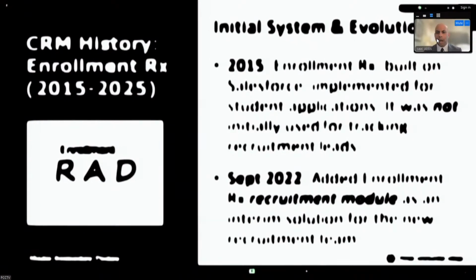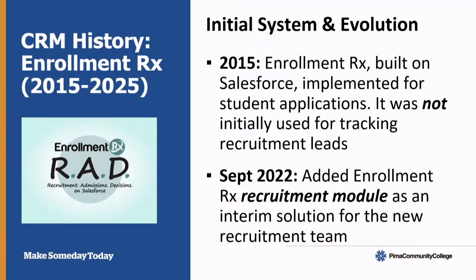So the college initially got into this space in 2015 through an RFP. If you can share the slides again, that'll be helpful for me to see them. But in 2015, the college went through an RFP and entered into an engagement with Enrollment RX. I want to be clear, at the time we got into Enrollment RX, this was solely for the student application.